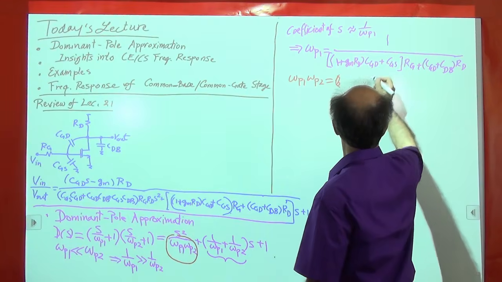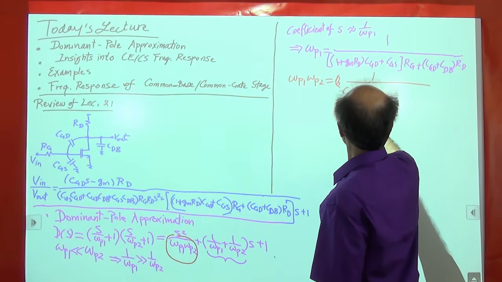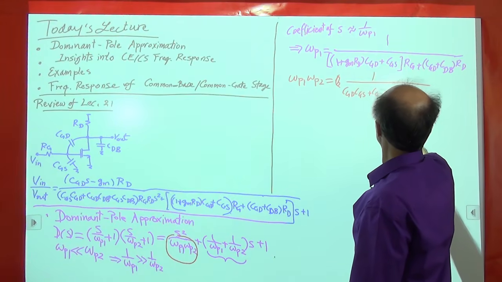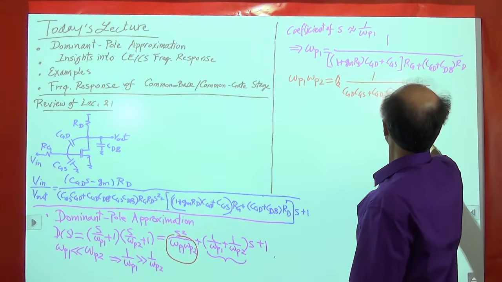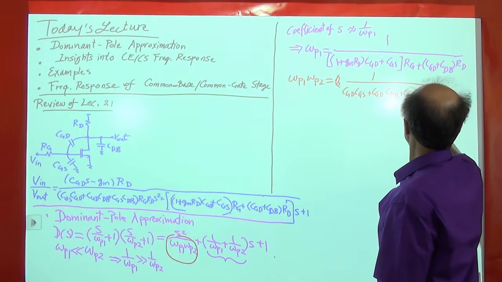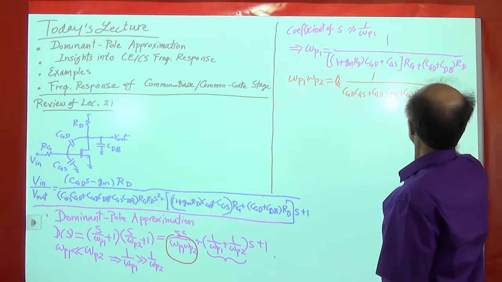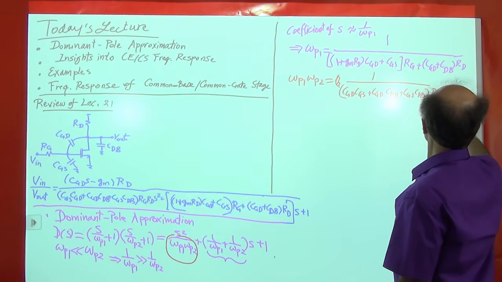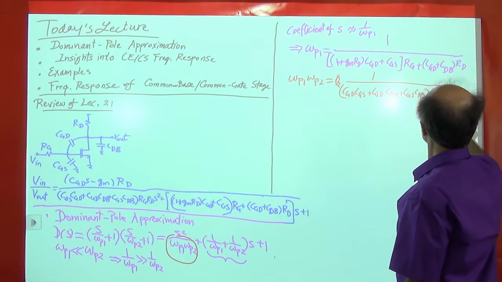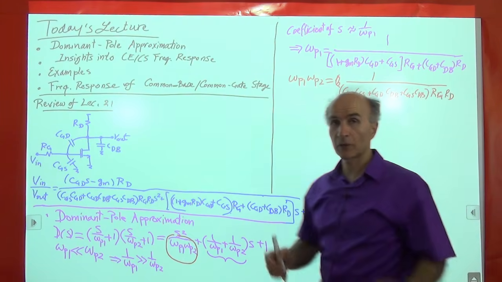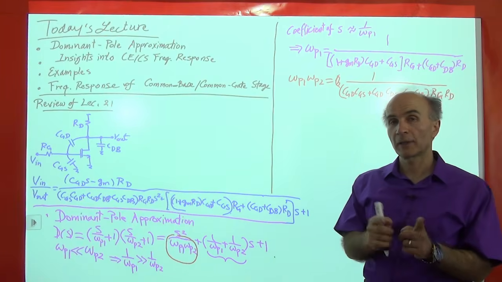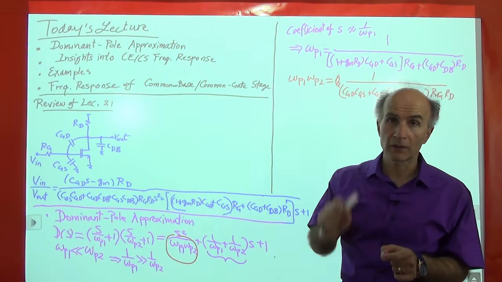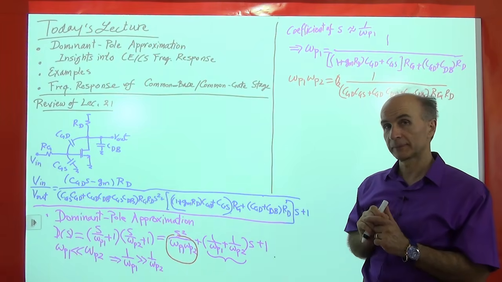That would be 1 over CGD CGS plus CGD CDB plus CGS CDB times RG RD, right? So the product of the two poles is approximately equal to the inverse of the coefficient of s squared.